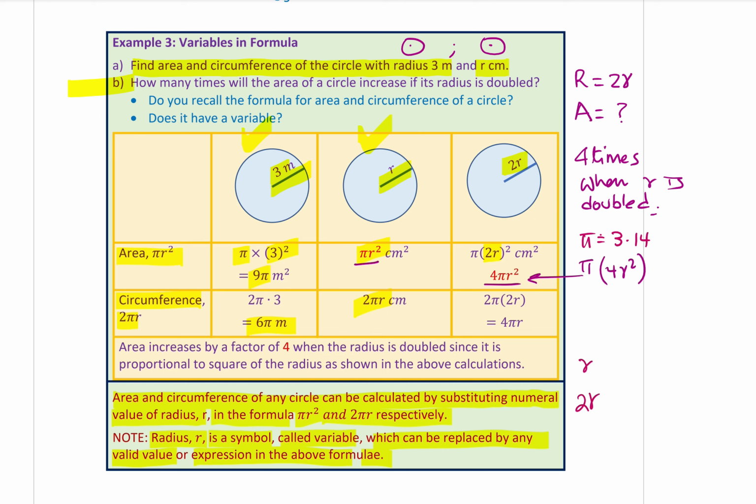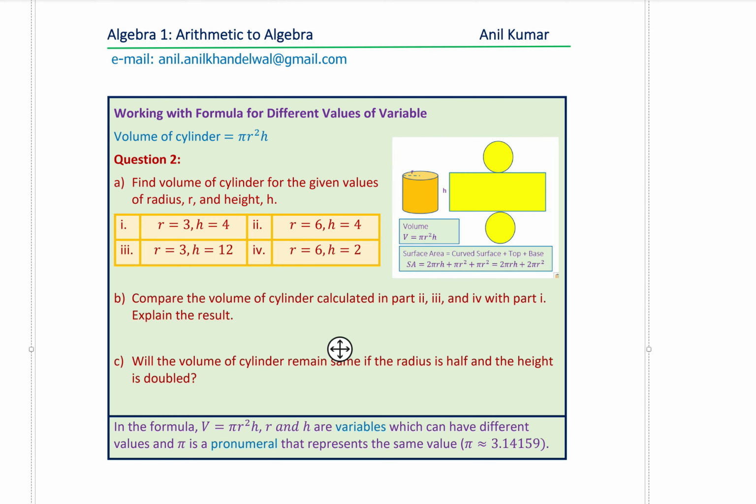We could put anything here. We could also write a, we could also write 5, a number, as we wrote 3. So this formula can help us, since we can write different values for the variable and then look into the situation. So I hope you understand this part. Perfect. Now let's take another question based on this example.